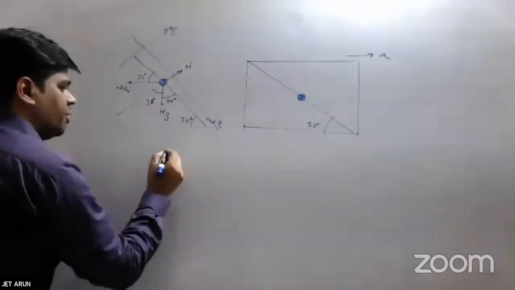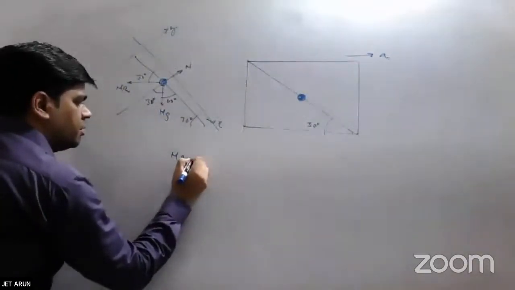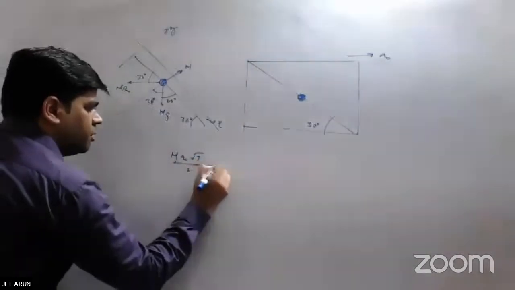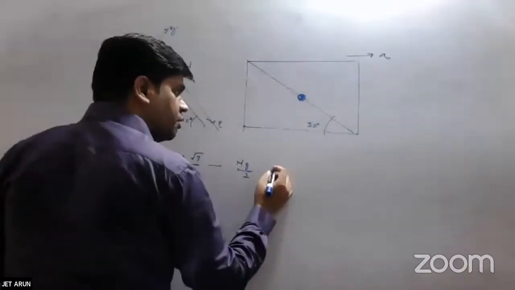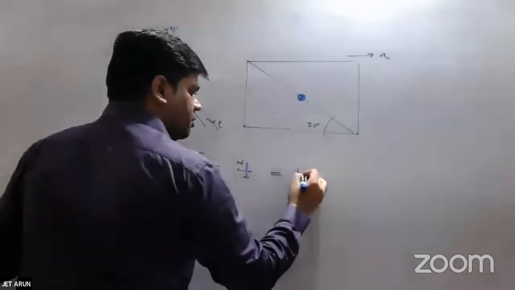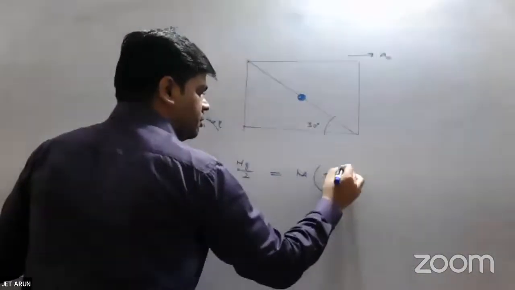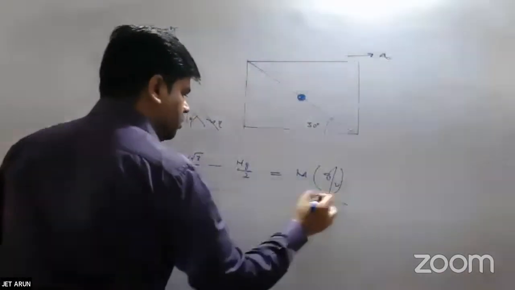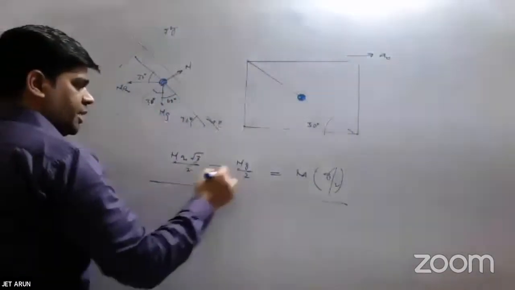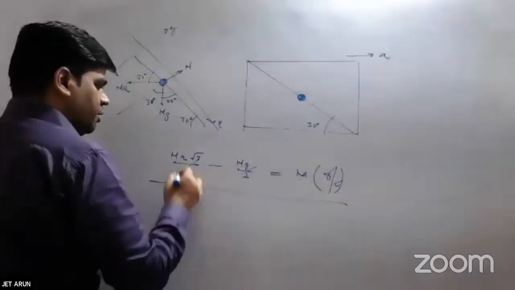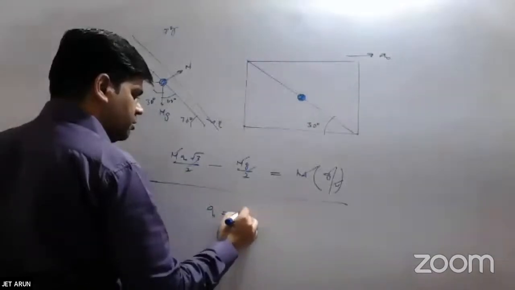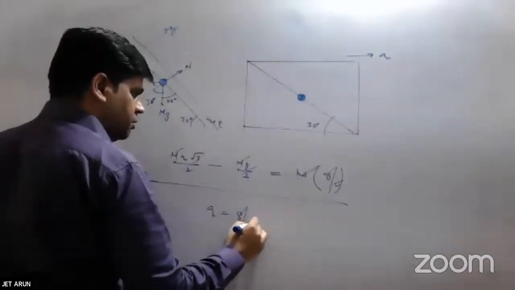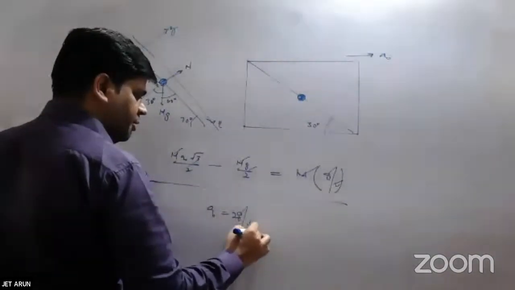What is the upward force? ma cos 30 minus downward force mg/2 should be equal to m into g/2. Right? So 2 gets cancelled out, m gets cancelled out. So I have a equal to 2g by root 3.